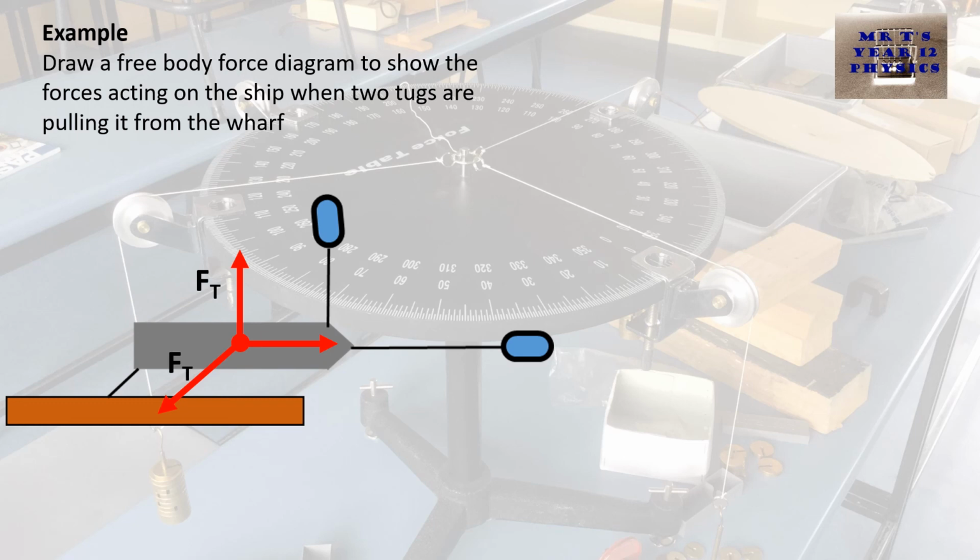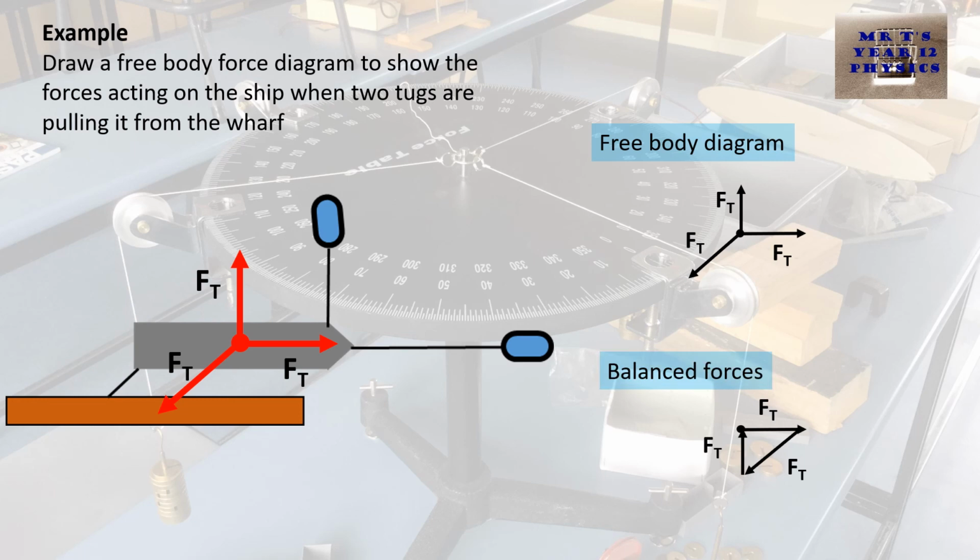So in this case, there are three tension forces. There is the tension of the rope attaching the ship to the wharf and the tension of the two other ropes attached to the tugboats. Then we can draw a free body diagram for this, and assuming the ship isn't moving, they should again go tip to tail following each other. So these are free body force diagrams.